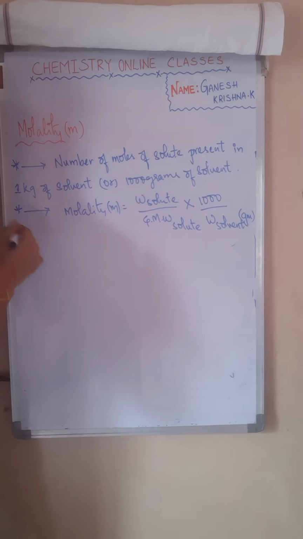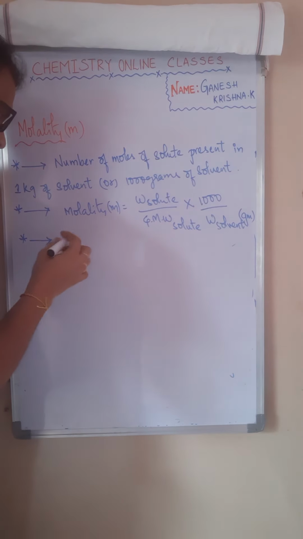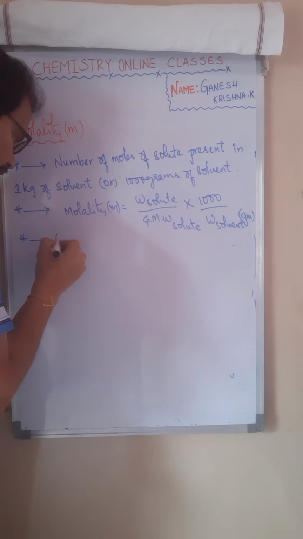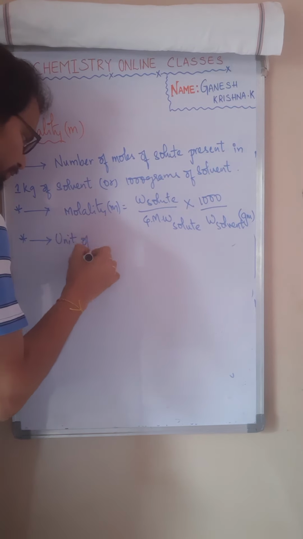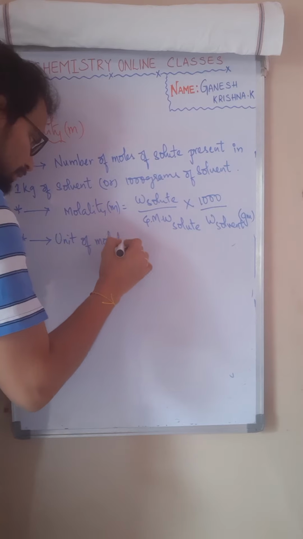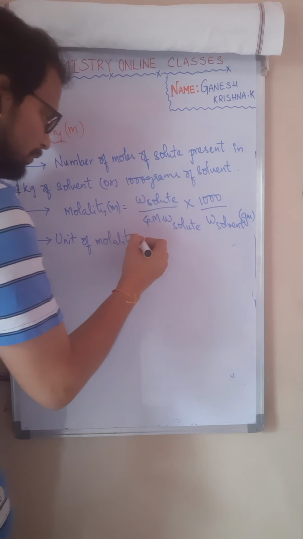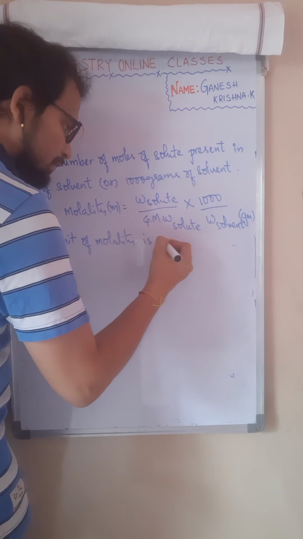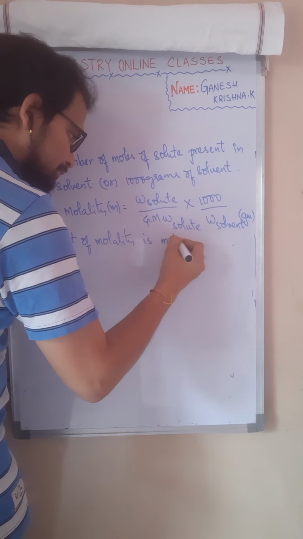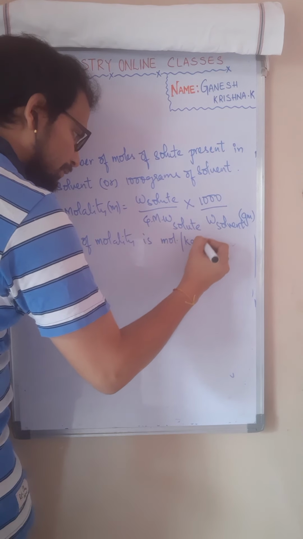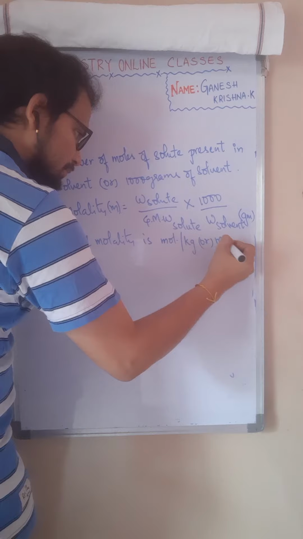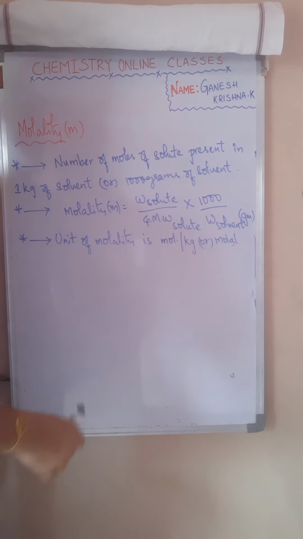Okay, this is the mathematical expression. And if you want to know the unit of molality, what is the unit of molality? The unit of molality is moles per kg, also called molal.